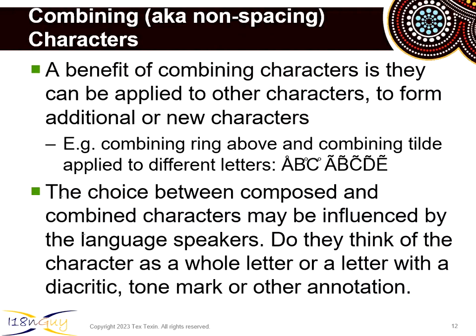So, for example, if I have the letter A with two dots above it, that's called the diaeresis. In German, you would say, well, it's the letter A followed with the diaeresis. It's a mark on top of the letter, being an accent or other indicator. But in Swedish, A with two dots is considered a whole character.